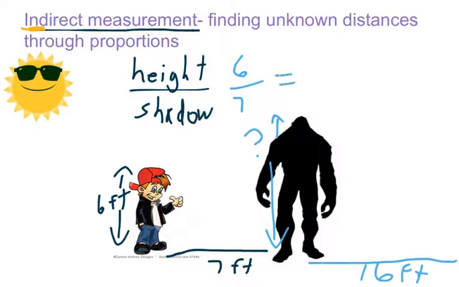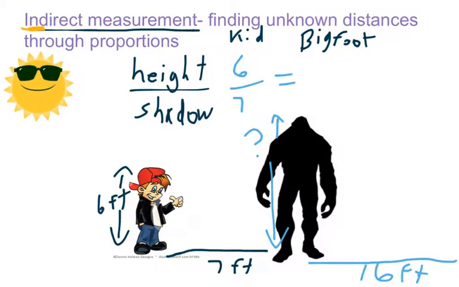And we're going to set that equal to Bigfoot over here. So this again represents the kid, and the next one is Bigfoot. Get in the habit of labeling everything, because if you label it, it's easy to keep track of and you can just plug stuff in.